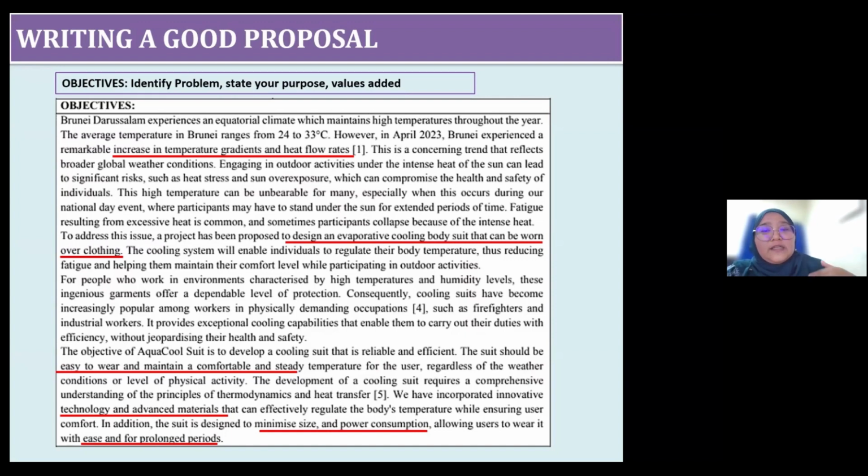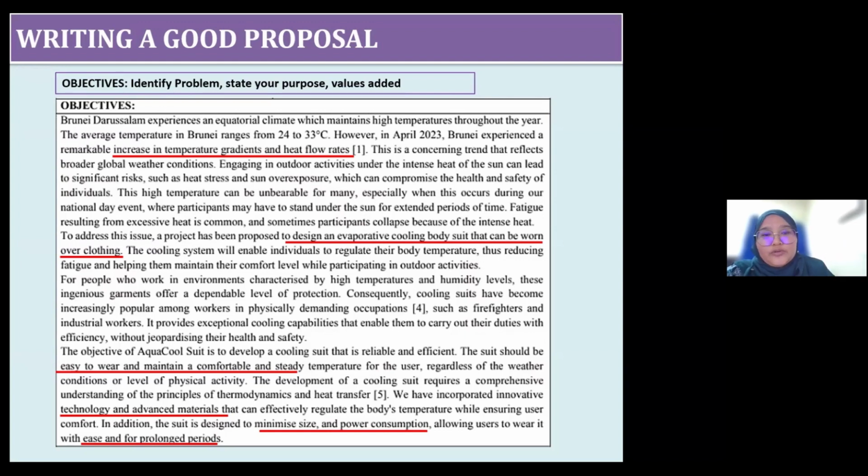However, they didn't want users to keep changing clothes, as it's a hassle. So they proposed the uniqueness: the suit they are going to produce will be easy to wear and can be maintained as comfortable and steady, even in any other temperature as well.